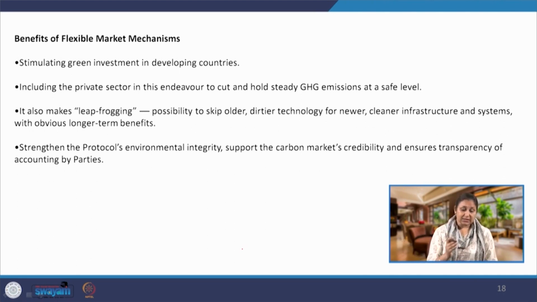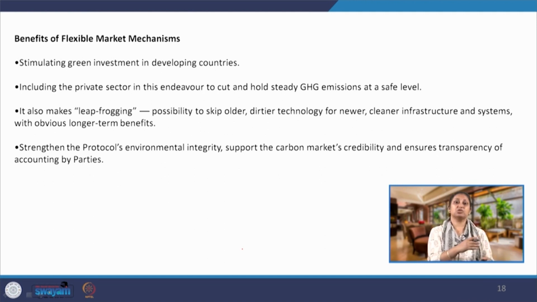One is that it stimulates green investment in developing countries. Developing countries often do not have sufficient funds to invest in such emission reduction programs, but developed countries have a binding target to reduce their emissions, which they cannot do on their own land.